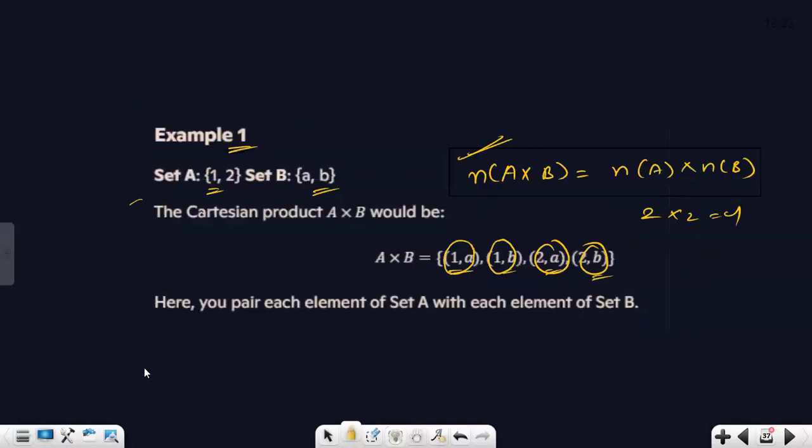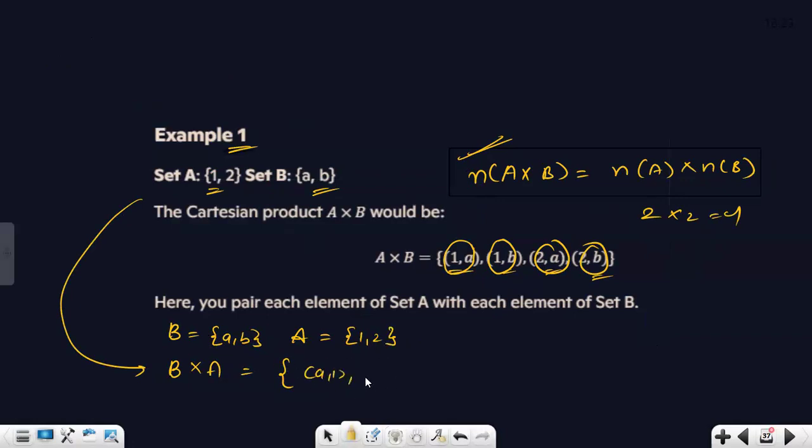Now, if we try to find the Cartesian product set from set B to A, what will happen? Please tell me what is the Cartesian product here. A comma 1, A comma 2, B comma 1, B comma 2.